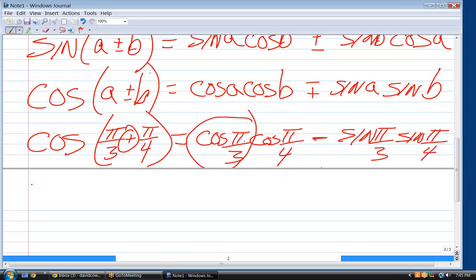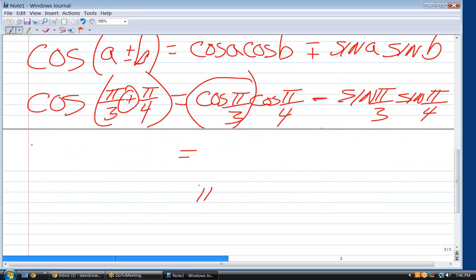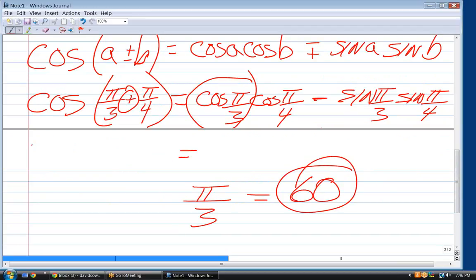What's that? So that would be, that cosine of 30 degrees? 60. In other words, when you're converting radians, that number times that number is always 180, as long as it's pi only in the numerator.